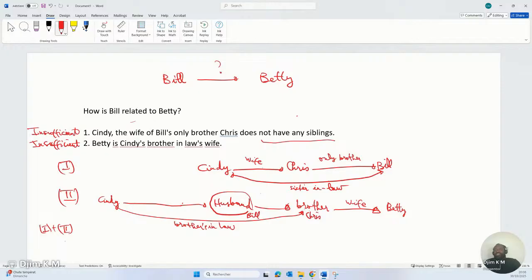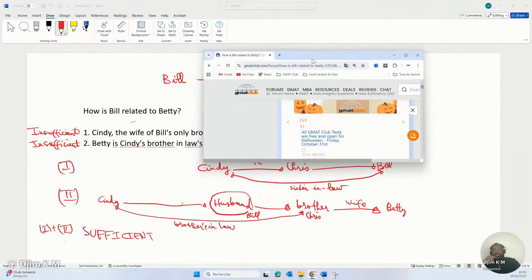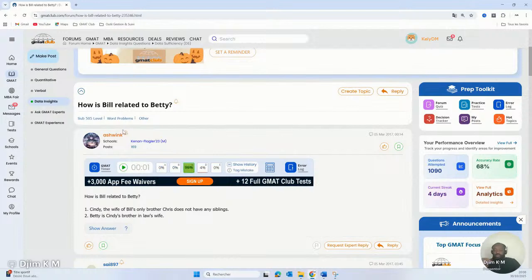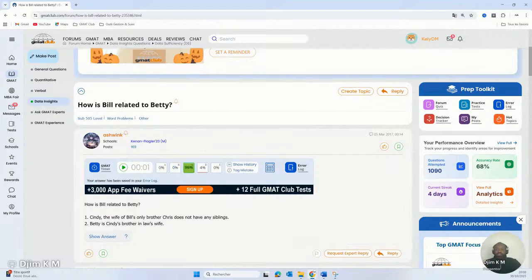And Bill must be the husband to Cindy. So both conditions taken together are sufficient. So we definitely have to take the conditions together in order to find out.